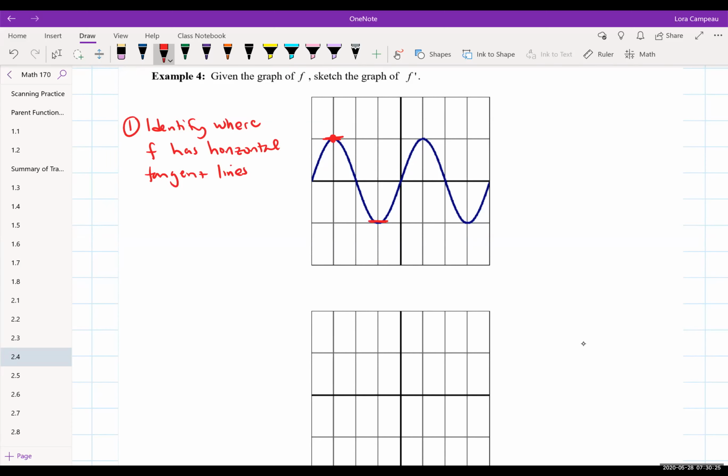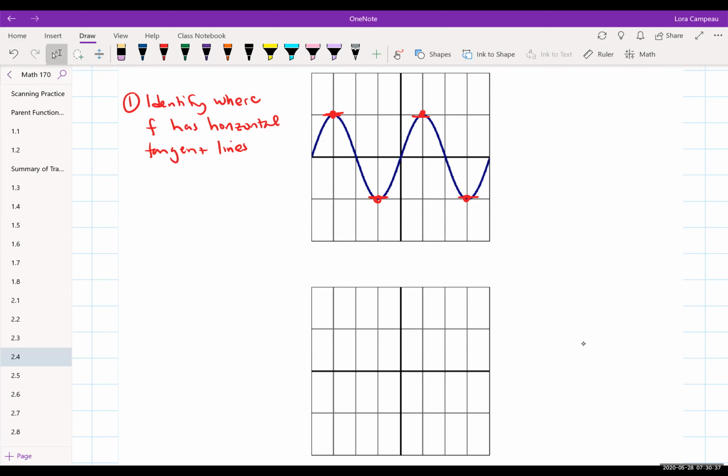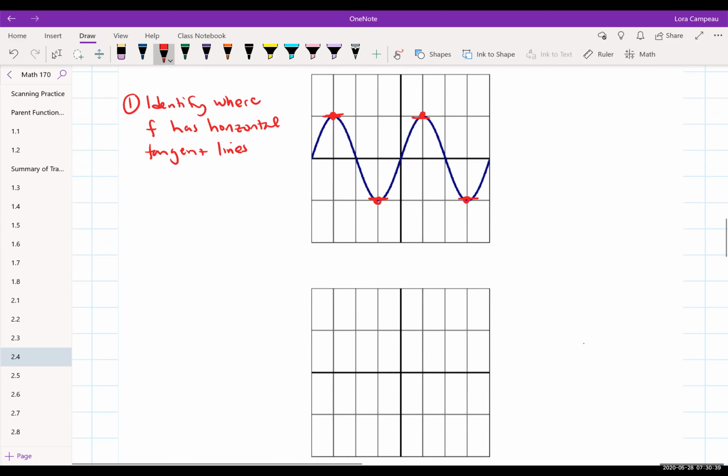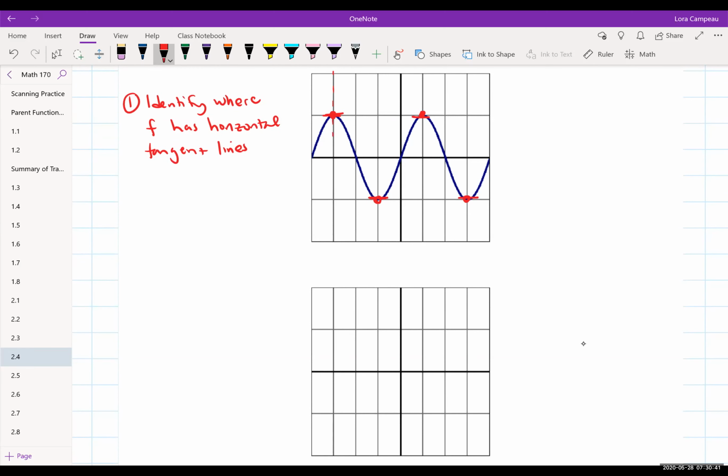I'm seeing one here, and it's a periodic function, so we're going to see a lot of horizontal tangent lines. This is where you'll see me mapping. This breaks up the x-axis a bit for me, so I map everything down and break up my regions a bit.